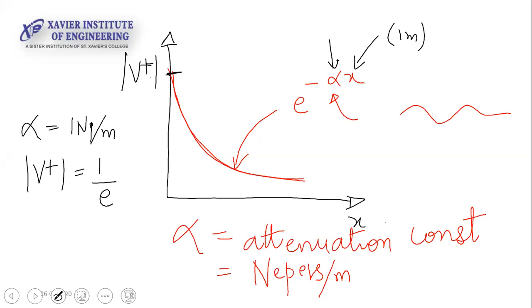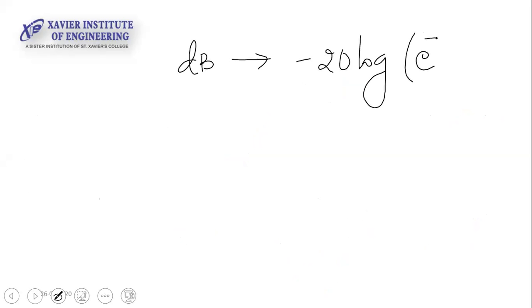Now, it is not necessary that we always use Nepers. Most of the time we also represent it in terms of dB. So in dB, we write this as -20 log of e raised to minus alpha x. This is how we represent it in dB.